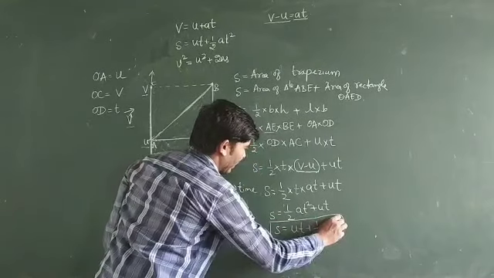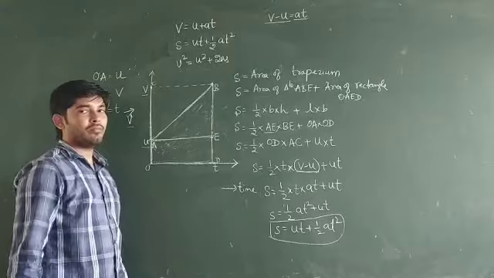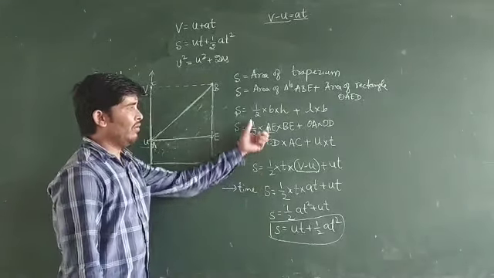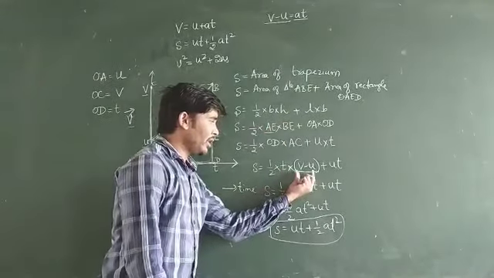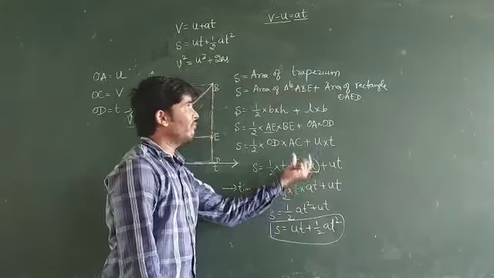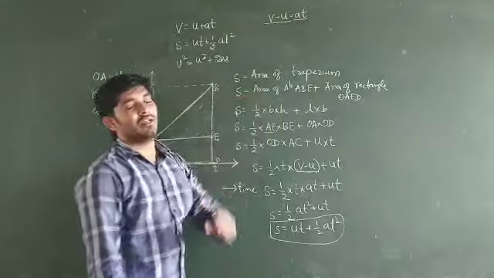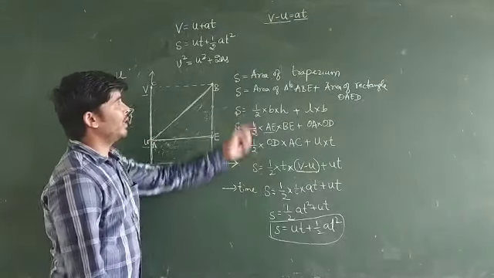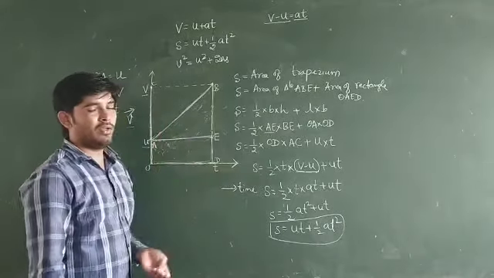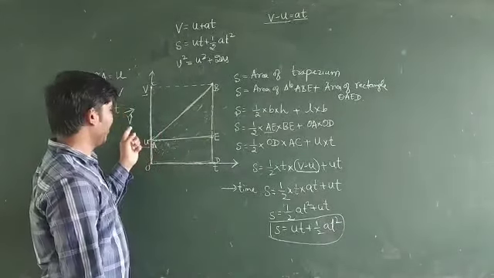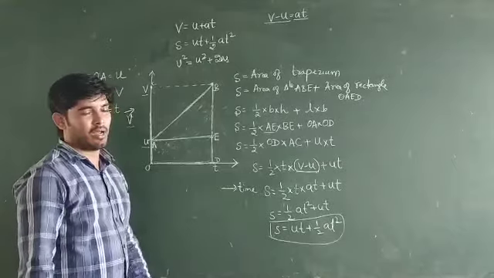So this is the second equation of motion. This is how we have derived the second equation of motion. The very important point is V minus U. In place of V minus U, we have written AT, by using the first equation of motion. So this is how we can derive the second equation of motion by the velocity time graph.